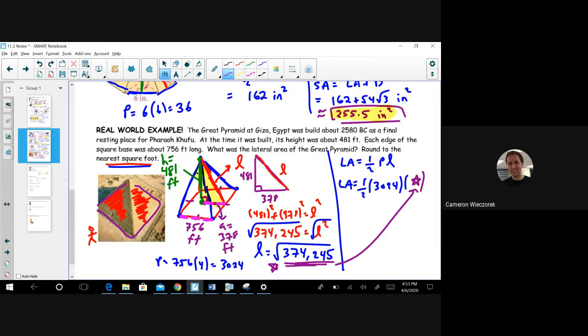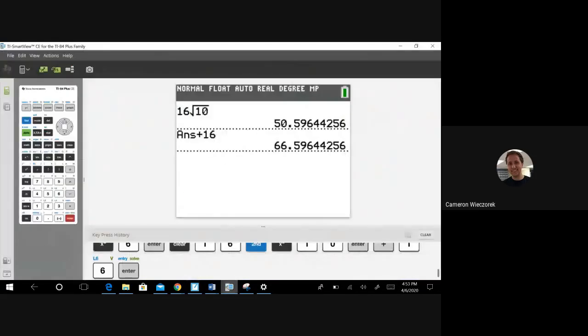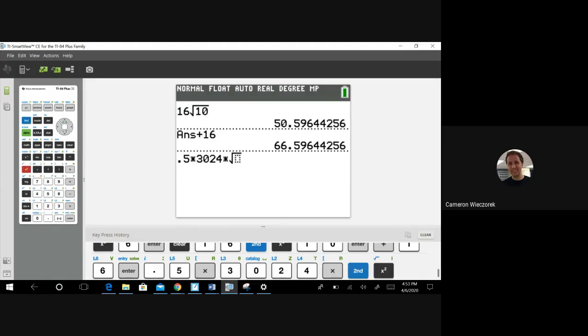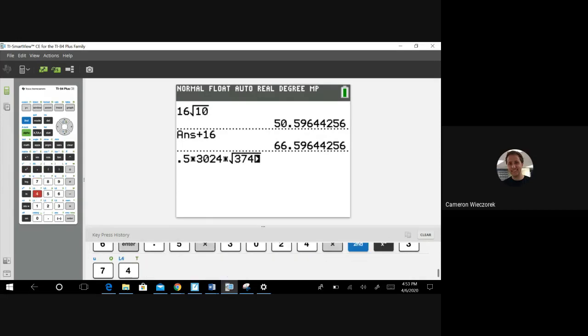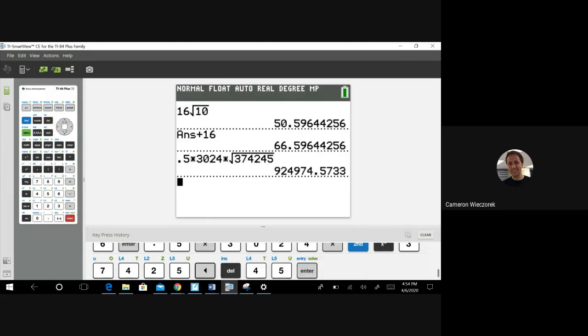So let's type that in on my calculator. I'm going to have 1/2, so I'm just going to use 0.5 times the perimeter of the base was 3,024 times the square root of that big number was 374,245. Oh, I lost a digit. There we go. That's what it should look like. Hit enter. Lots of lateral area.